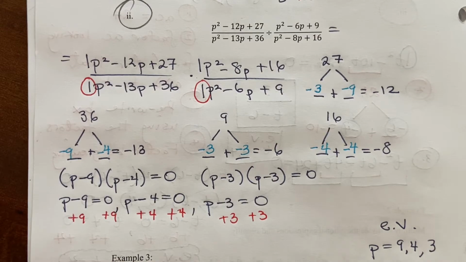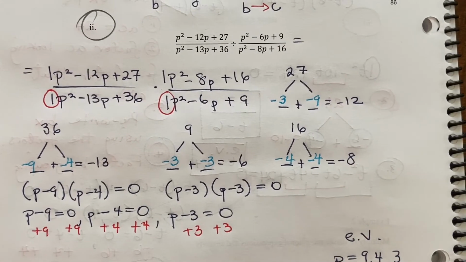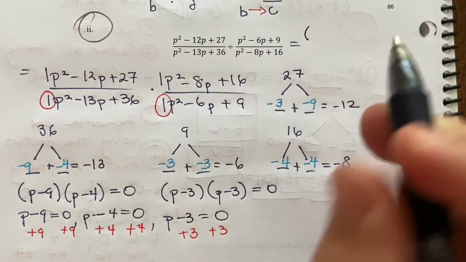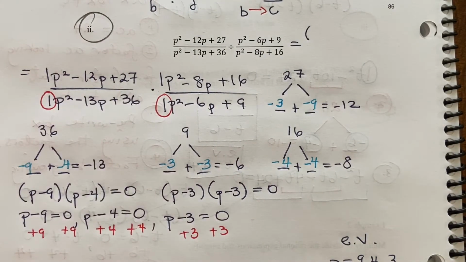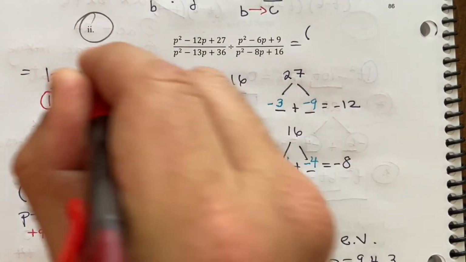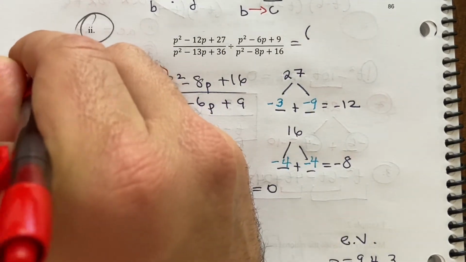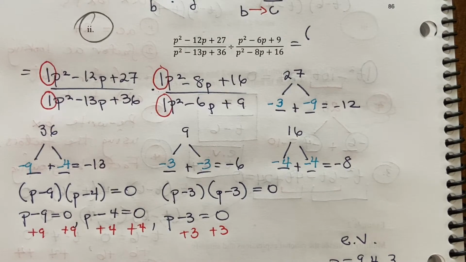So in factored form, I can now write this polynomial. I'll try to squeeze this in here. So the factored version up here, again, there's a 1, so I can do this quick version of factoring.